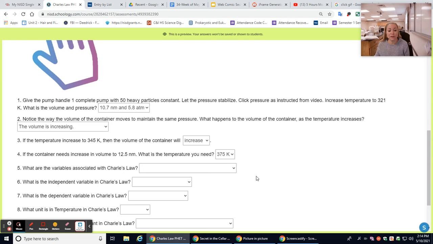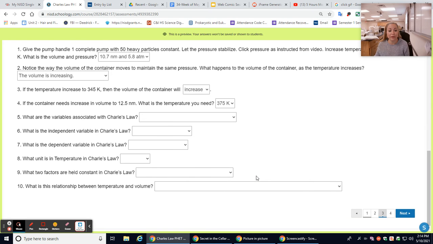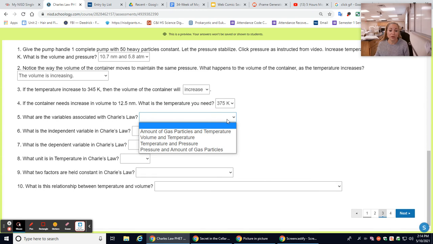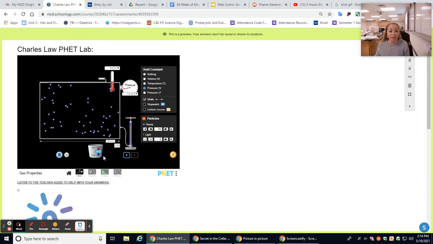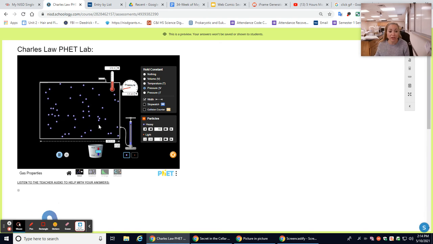What are the variables associated? So we talked about the variables. We're increasing the temperature, so the volume is increasing. So the variables should be volume and temperature. What is the independent variable? The one that you're manipulating. You're the one clicking on the bucket. You're adding heat. You're the one manipulating. So it was very hard. You couldn't change the box.